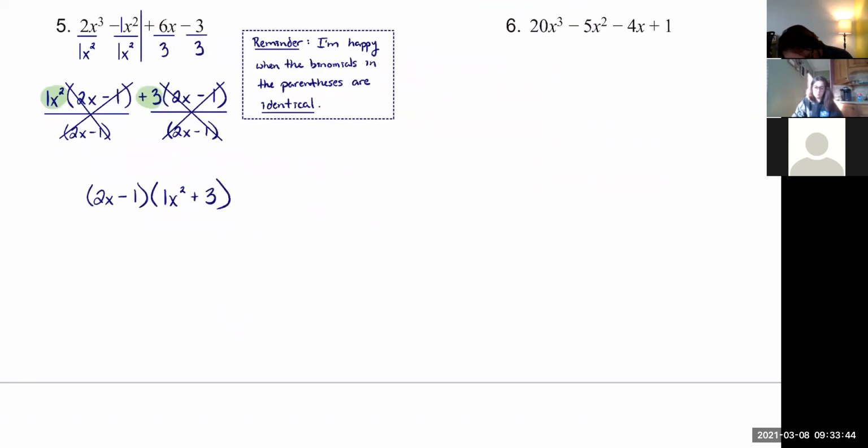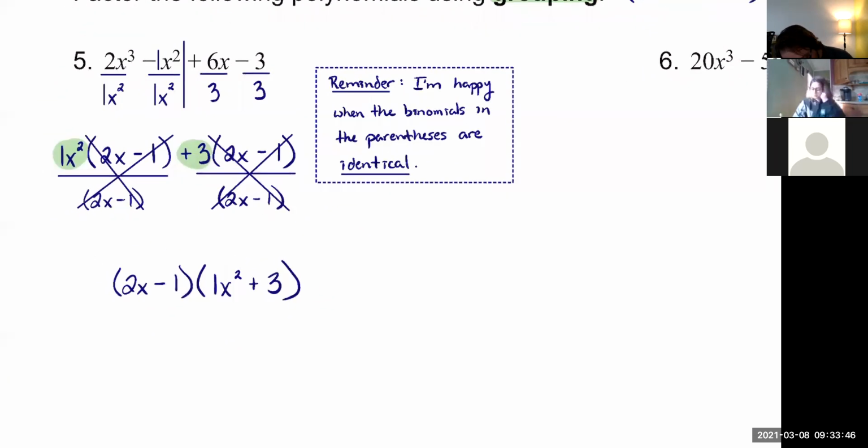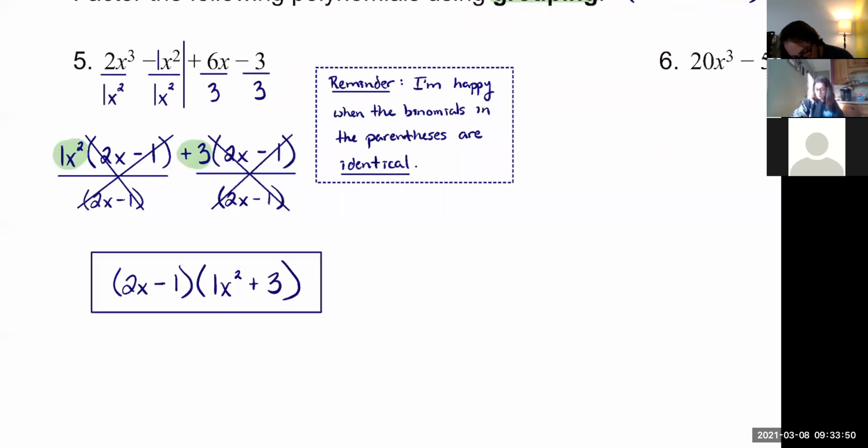Which for some reason I don't have a solution line on mine, so I'll just box it in. So I'm happy when the binomials in the parentheses are identical. And in the event that they're not quite the same, that's when we usually go back and maybe readjust the little greatest common factors we took out of either half.